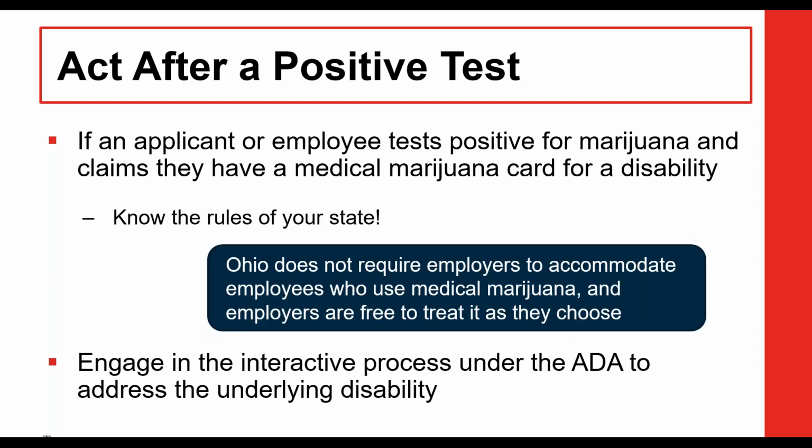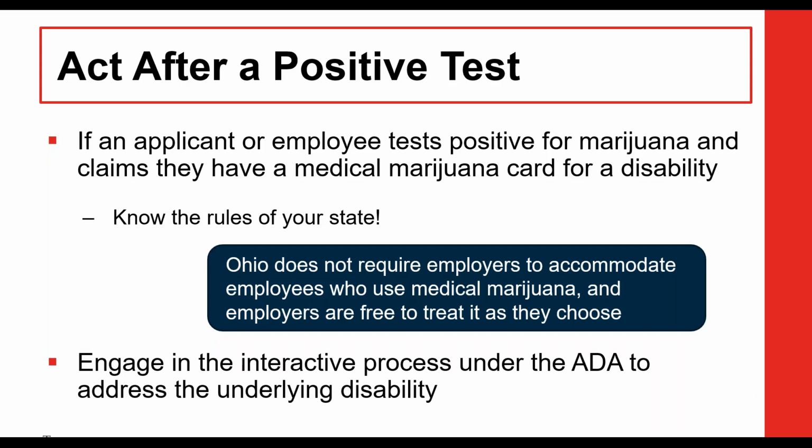And so, for everyone on the call, it's important that, after a positive test, you do something about it, right? So, if an applicant or employee tests positive for marijuana and claims, oh, look, I have a medical marijuana card for a bona fide disability, step one is know the rules of your state, know which rules apply to this particular operation, this particular employee.